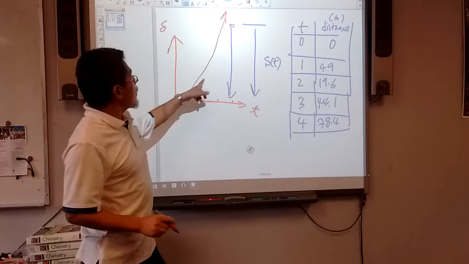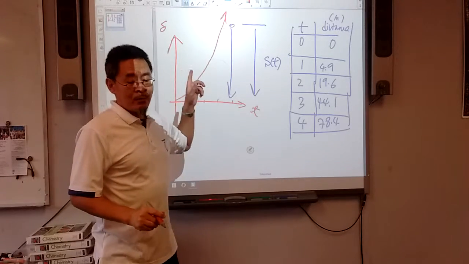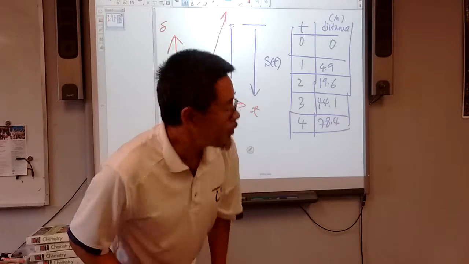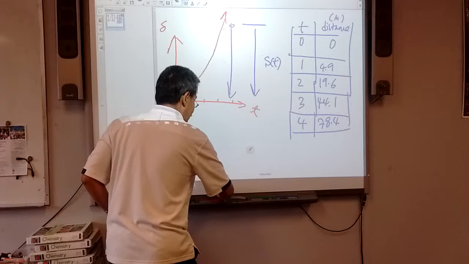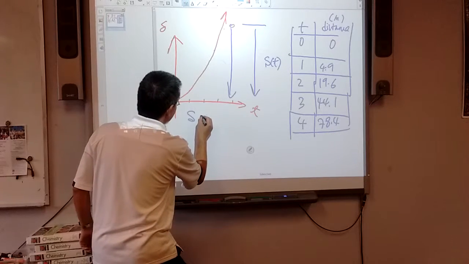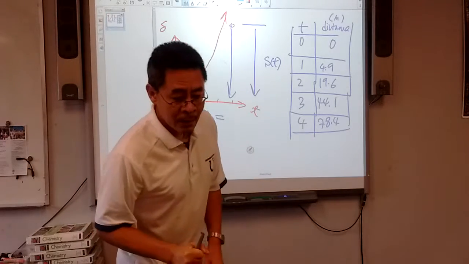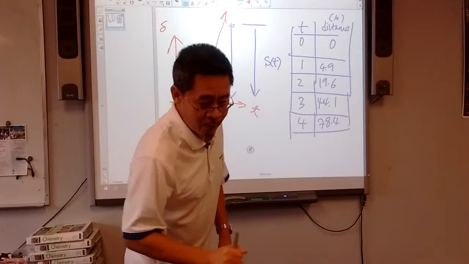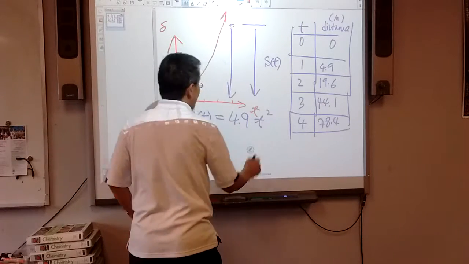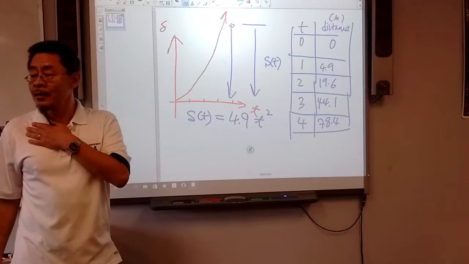And if we want to do the curve fitting, we can fit it with a quadratic function. S as a function of T is 4.9 T squared. Okay? Well, we're good so far.